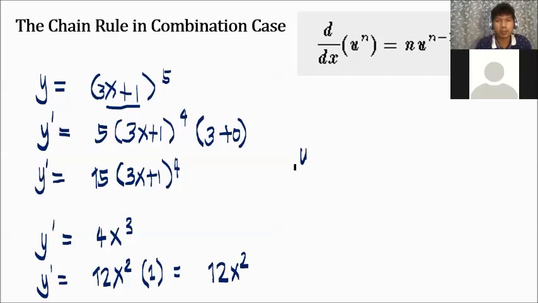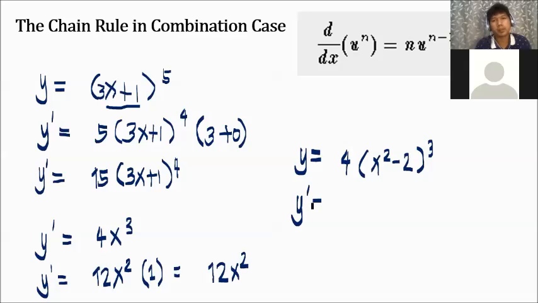So y is equal to 4x squared minus 2, then cube. To get the derivative of this, we use the chain rule. So y prime, 3 times 4, that is 12.